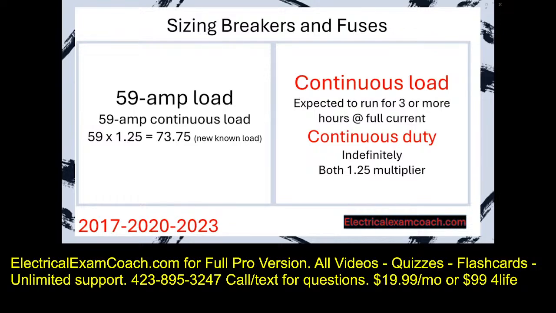What we would do is we would take our 59 amps, multiply it by 1.25, then we have a new known load of 73.75. That old load is gone. The 59 is gone. The 73.75 is our new known load.